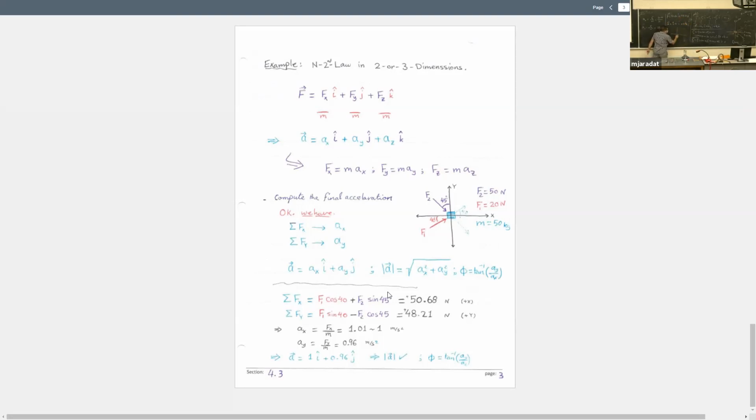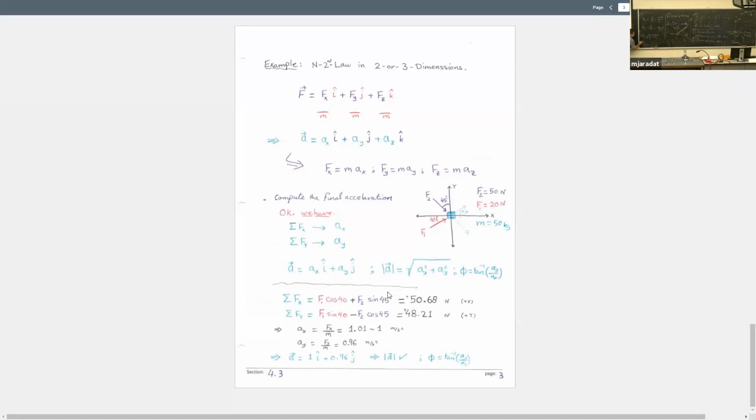Now we have two forces, two accelerations. We have Fx, Fy, Ay, Ax, in a different color. They are at some angle. This is F total, and this is the acceleration as a vector. How can we find F total? It is the square root of Fx squared plus Fy squared.